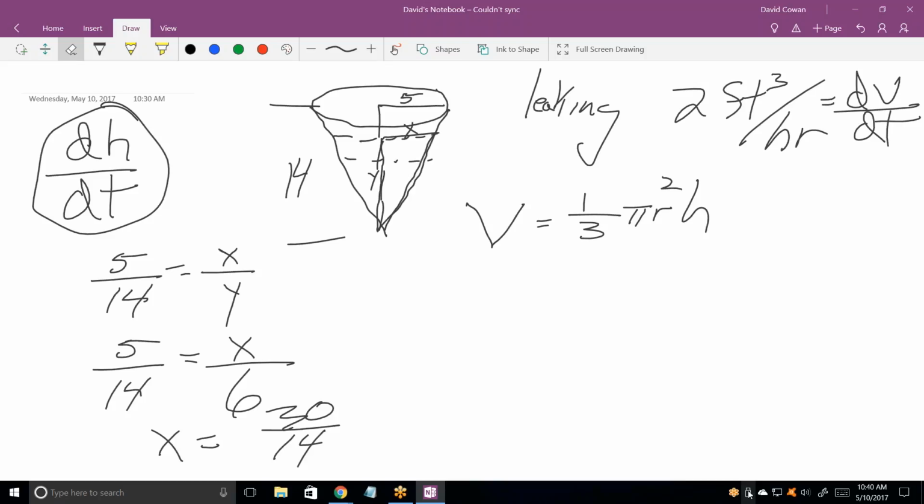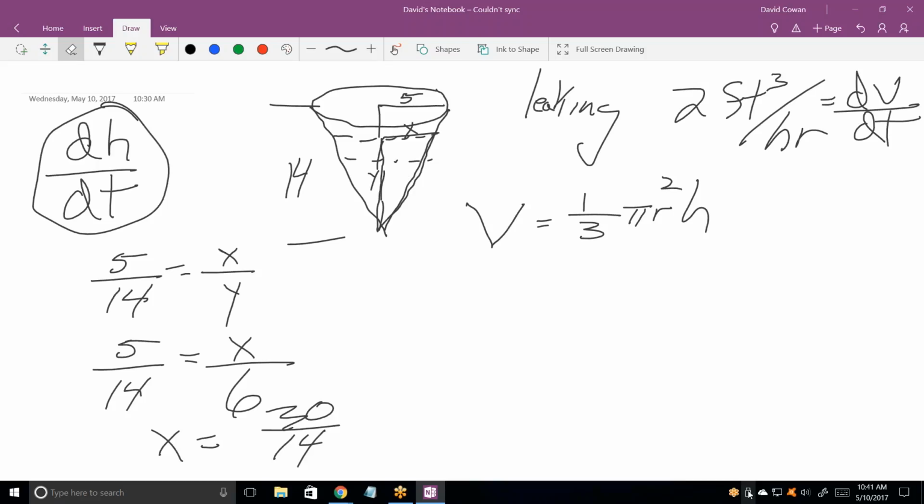Now, r is always related to height. I mean, x is a function of height based on this triangle. What am I doing wrong over here? 5 is to 14 as x is to y.